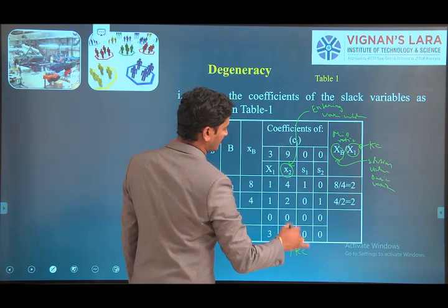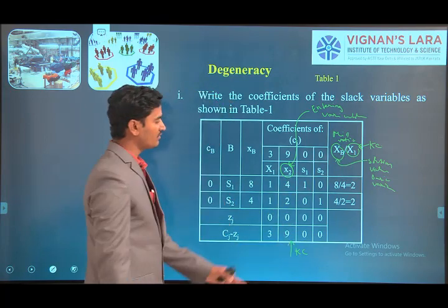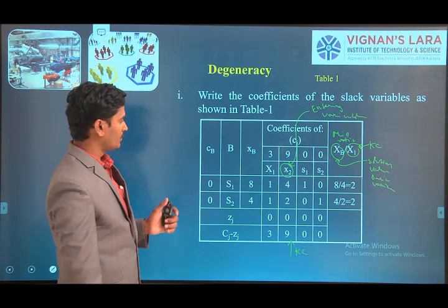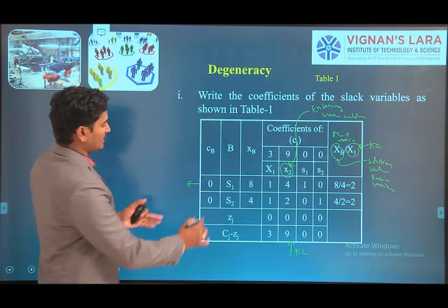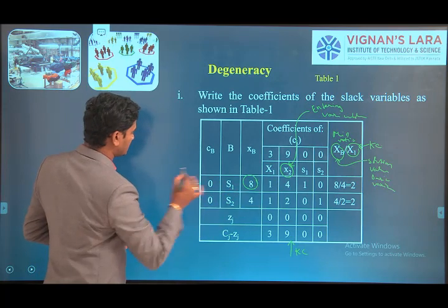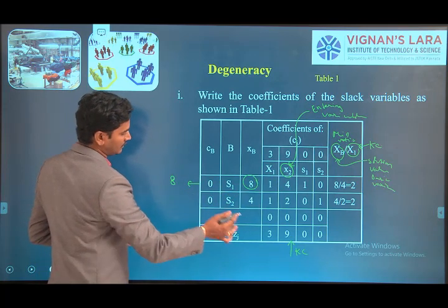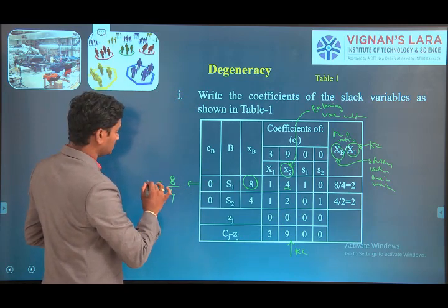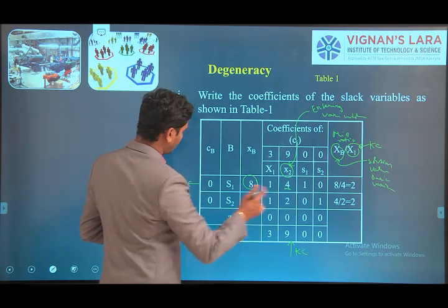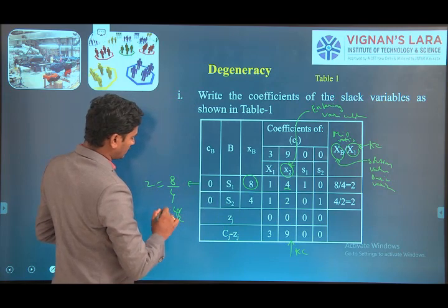These are the values of key column. Next coming to this xb, first row. What is the xb? xb is this 8 by key column value 4 is equal to 2. Next 4 by 2 is equal to 2.